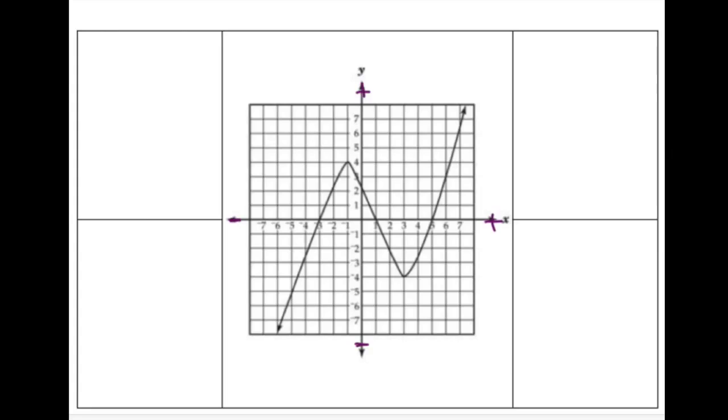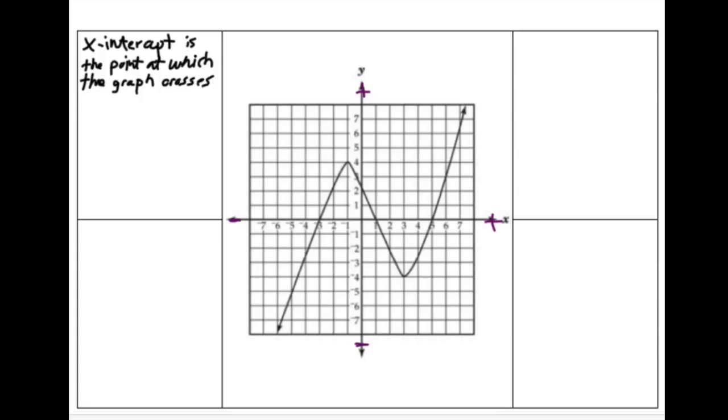The first thing we're going to talk about is the x and y intercept, and remember that's in the upper left-hand tab. So the x-intercept is the point at which the graph crosses the x-axis, right?